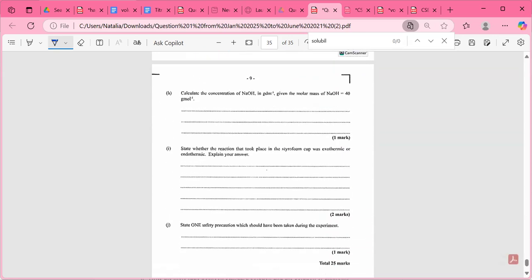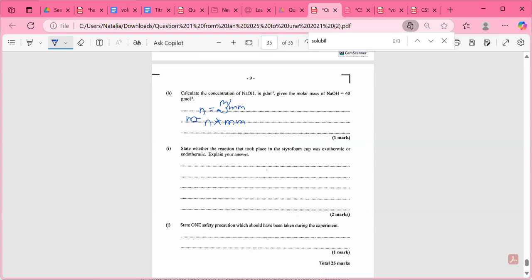Calculate the mass of sodium hydroxide in the sample. Number of moles is equal to mass over molar mass, so mass is equal to number of moles times molar mass.